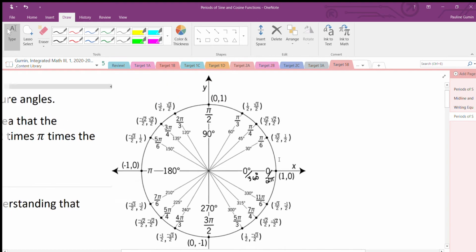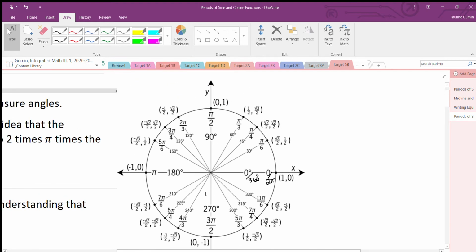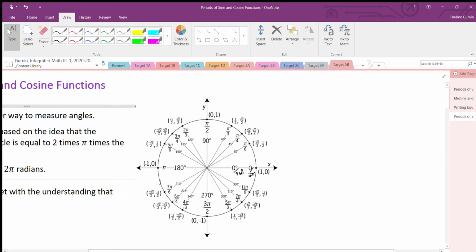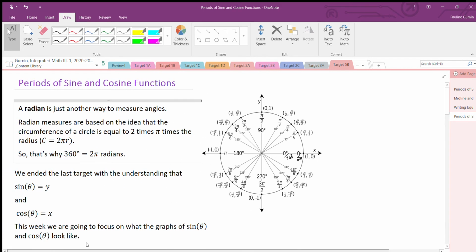This diagram, once again, did not write 2 pi, and traditionally, and I feel like I've mentioned this before in previous lessons, the start and stop point of a circle is the same spot. So when we look at a unit circle, we tend to just write the 0 for the beginning of the circle.